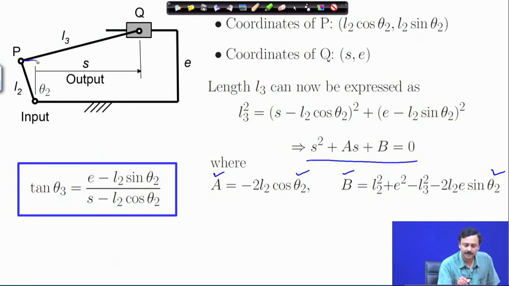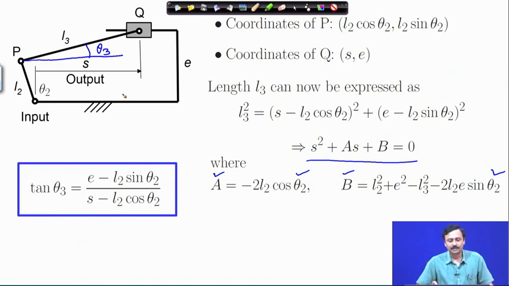So, what is theta 3? If I take this x axis once again, the horizontal axis, theta 3 is the angle made by the link L3 or PQ.